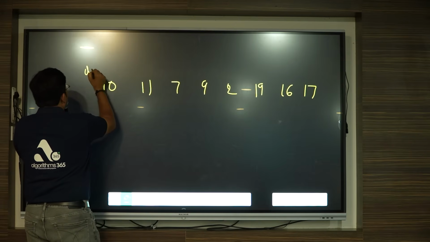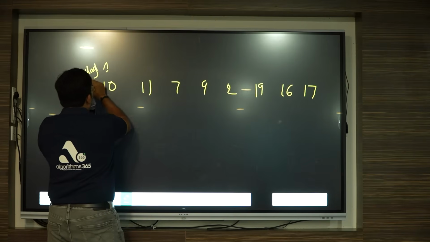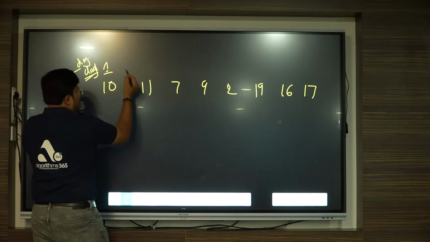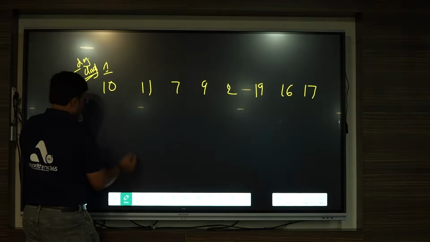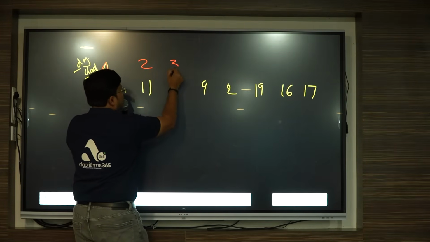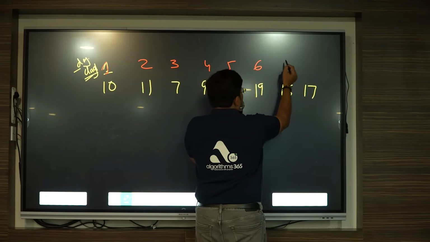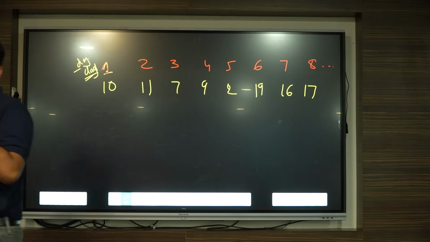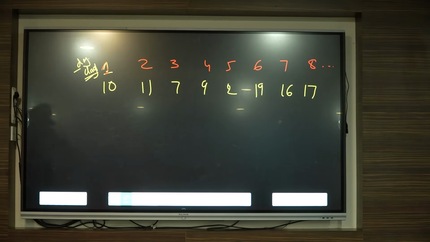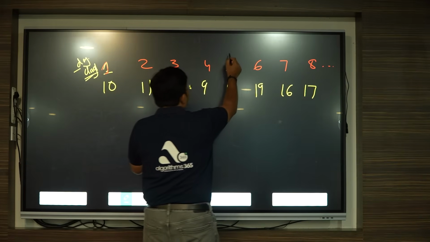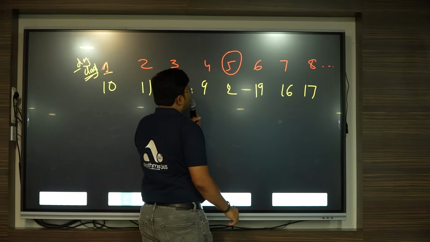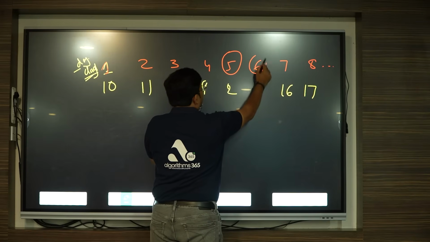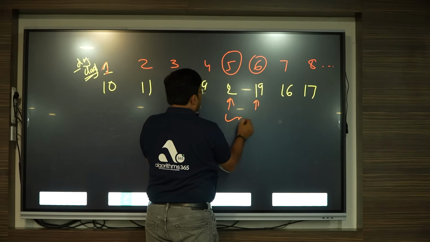This is day 1, day 2, day 3, day 4, day 5, day 6, day 7, day 8, like this. On which day would you buy this stock and which day would you sell it? You will buy it on day 5 and sell on the 6th day.